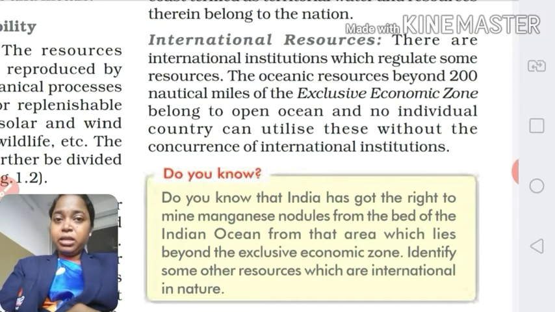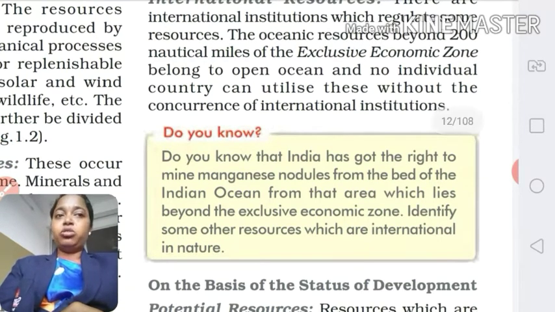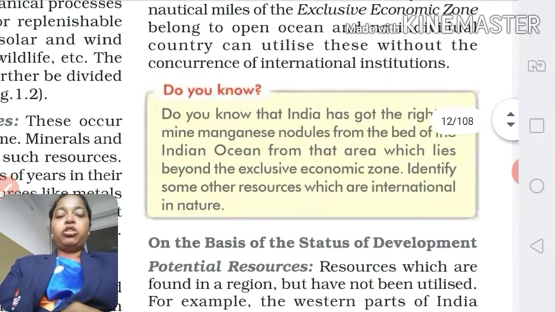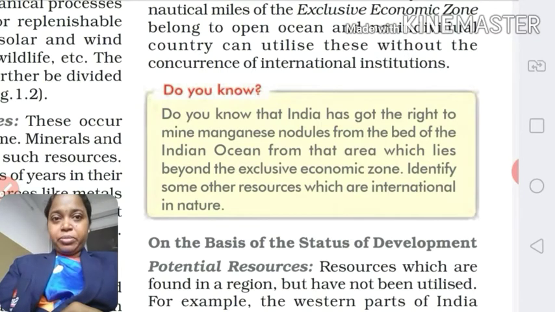Without their permission, they are not allowed. So here we can conclude point number 3, on the basis of ownership.